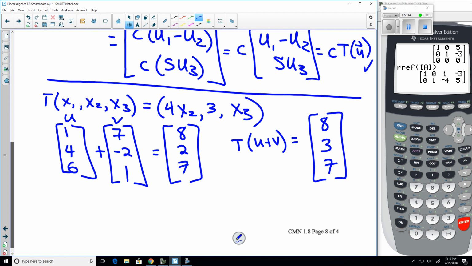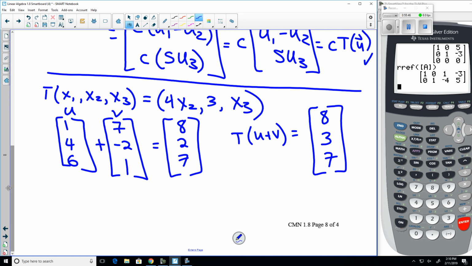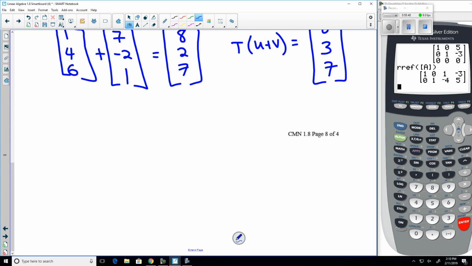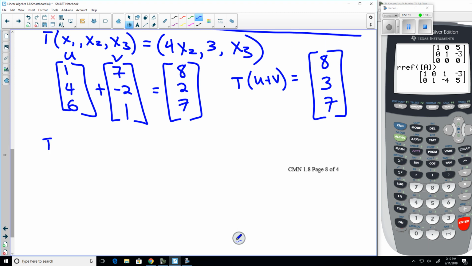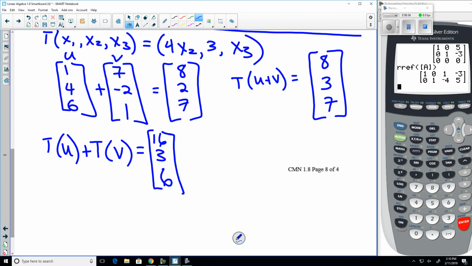What about the transformation of U and the transformation of V? What happens when you add them? So transformation of U: 4 times x2, and then 3, and then x3, and then V: 4 times x2, negative 8, and then 3, and then 1.